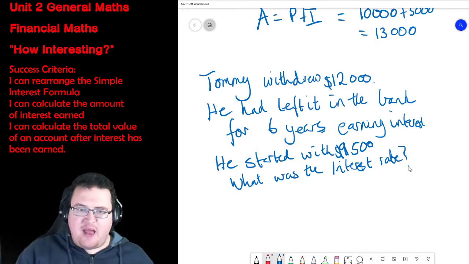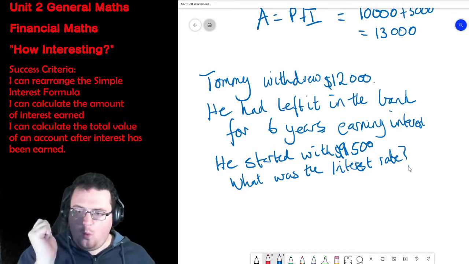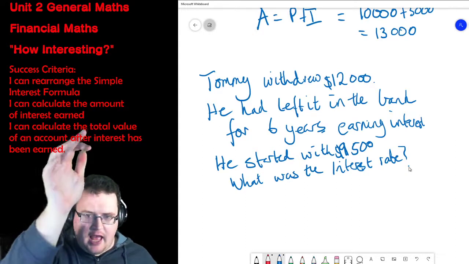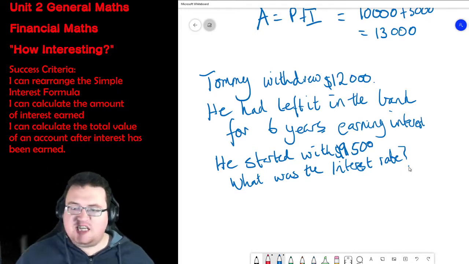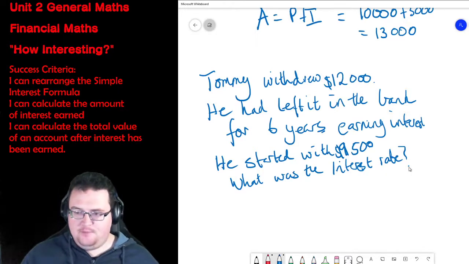It was in the bank for 6 years. After he took the money out, he now had $12,000. What was the interest rate that he was earning on his money each year?